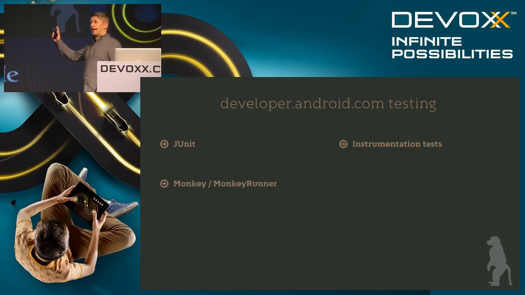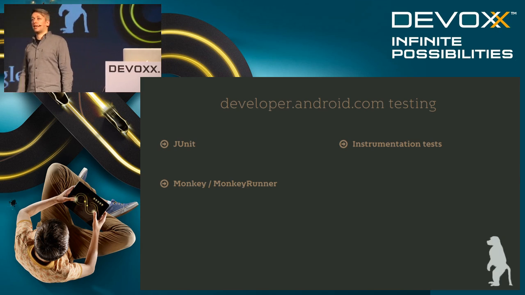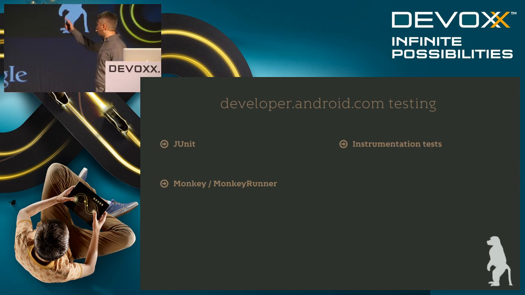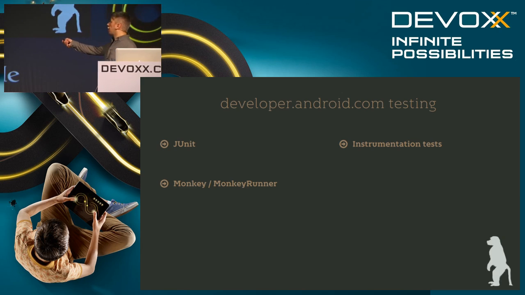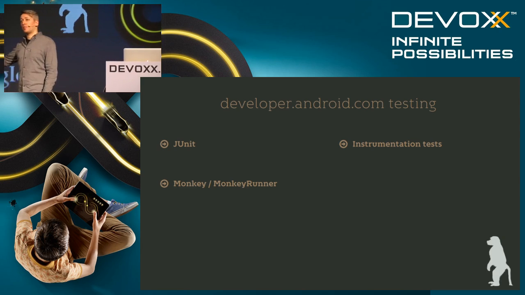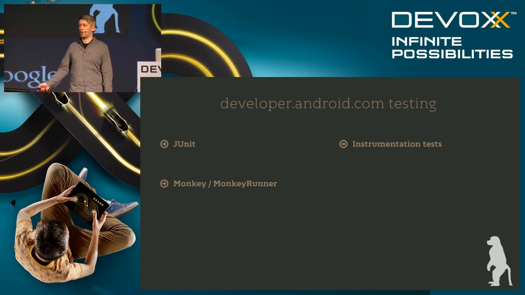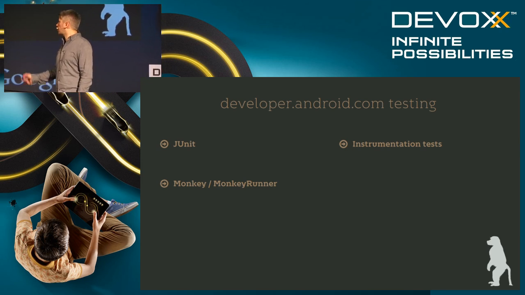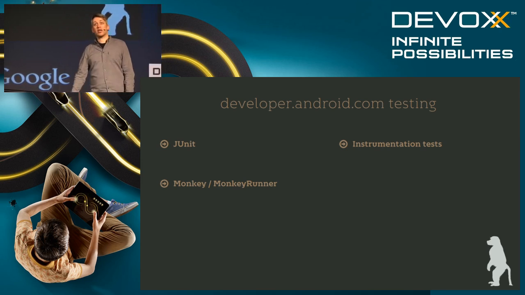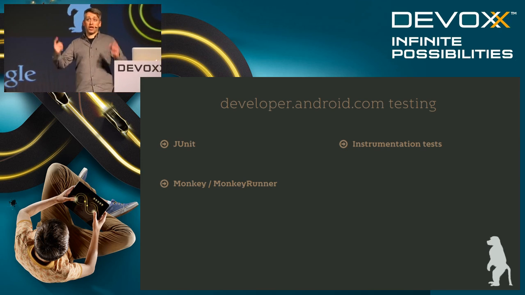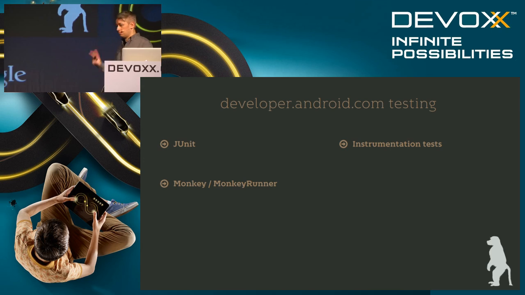Another tool that you will find in the SDK is called Monkey, and there's another tool called Monkey Runner. Now, Monkey Runner is a Python API to test your Android applications. I don't know a lot of people that use it, so that's one we will not talk about today. We will stay in Java land, but for your use case, it might be an interesting one.